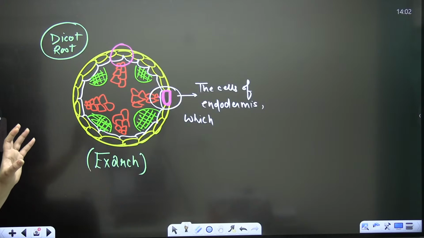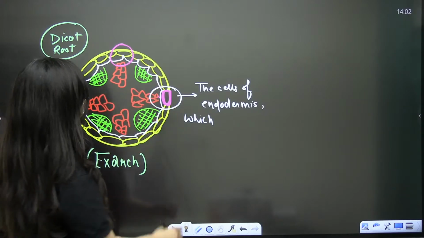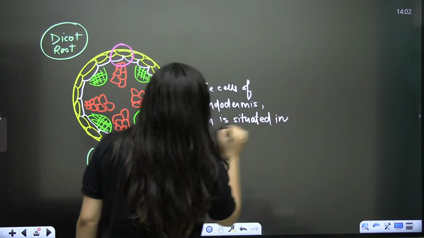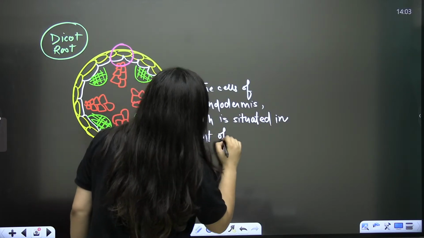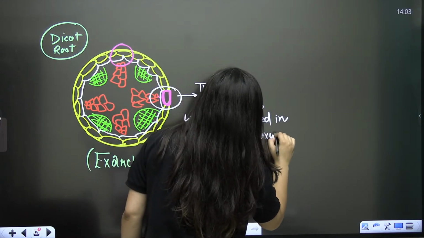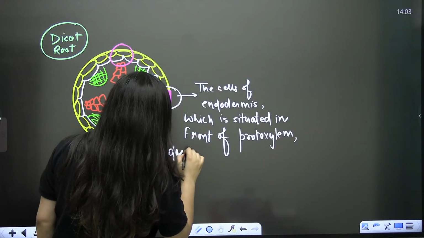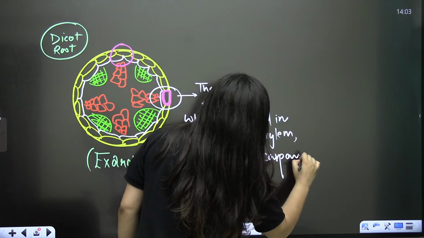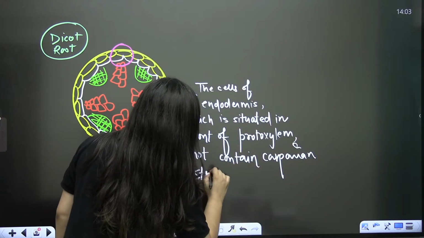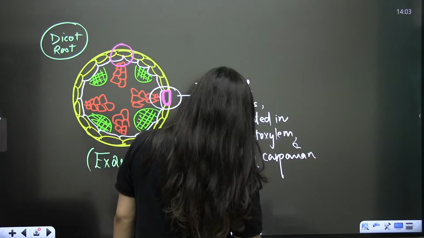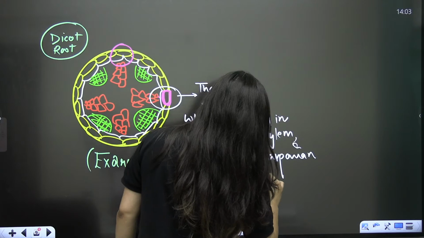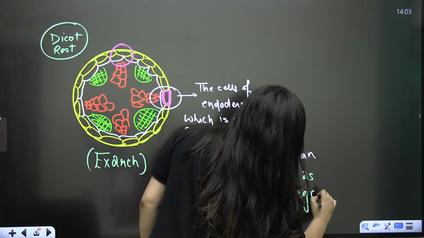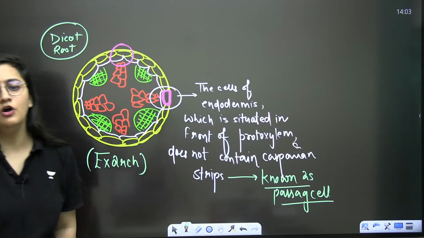So the cell of endodermis situated in front of protoxylem does not contain Casparian strips, so it is known as passage cell. That's what you need to keep in your mind.